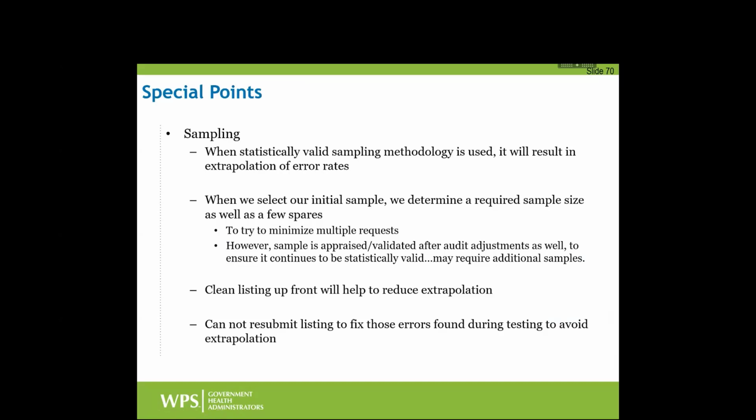Once we've identified that statistical sample, it's too late to go back and resubmit the listing to clean it up. That's the reason we spend so much time up front trying to do that, because anything we do to the sample or the population after we've already sampled it destroys the statistical validity of it, and we'd have to start from scratch.